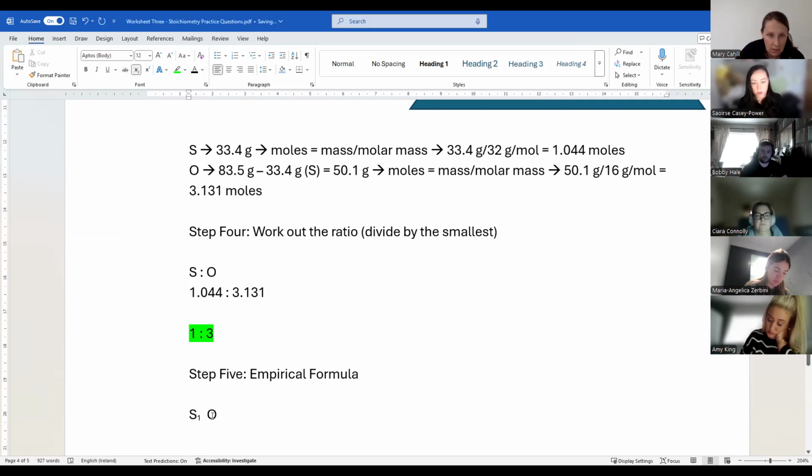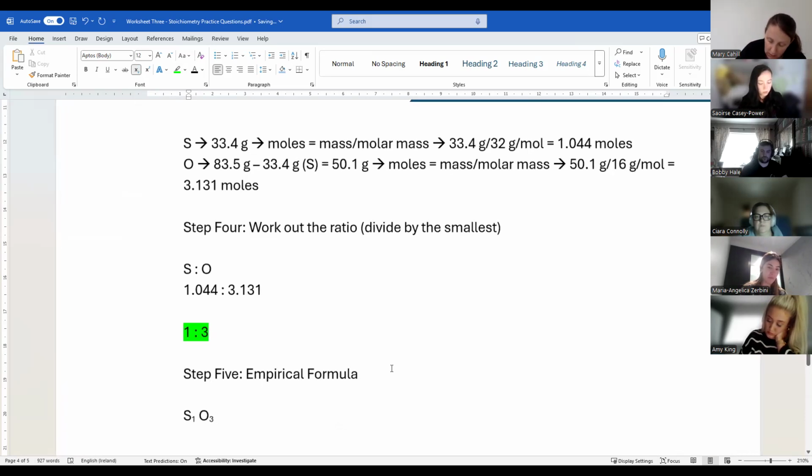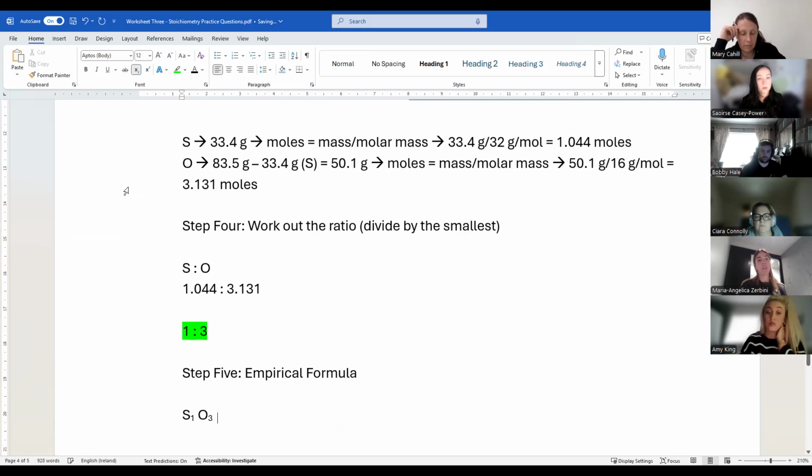So my 1 will go there, and my 3 will go there. For the exam, what I do is I just get rid of that 1, so it'll be SO3. Is that okay, guys?